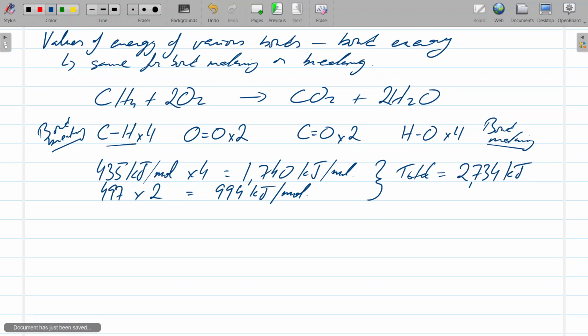Then we come to the product side, which is bond making. We've got two of these C=O bonds, and their energy is 803 each, and you've got two of them, which gives you 1606 kilojoules. Then you've got the H-O bonds, which are individually 464.